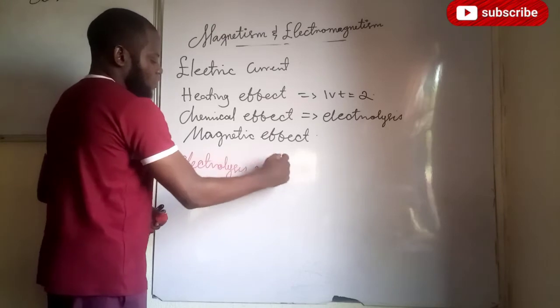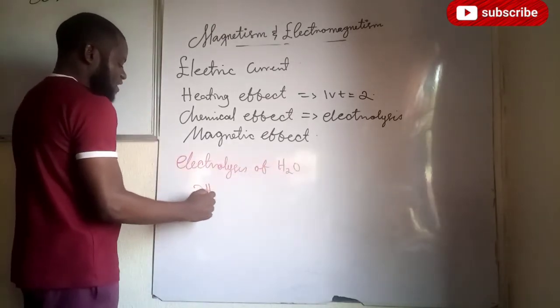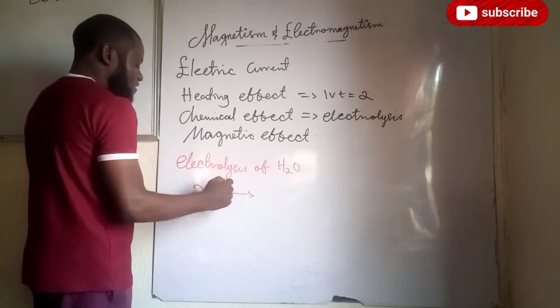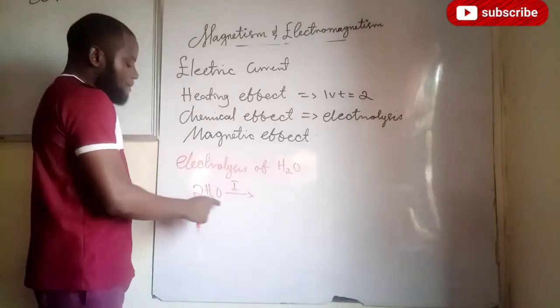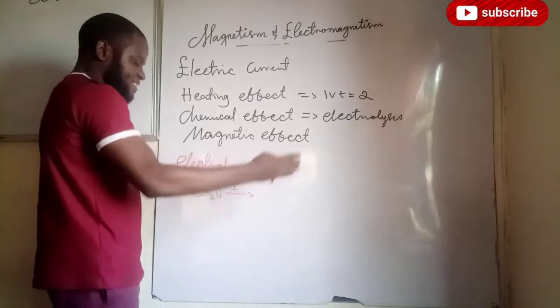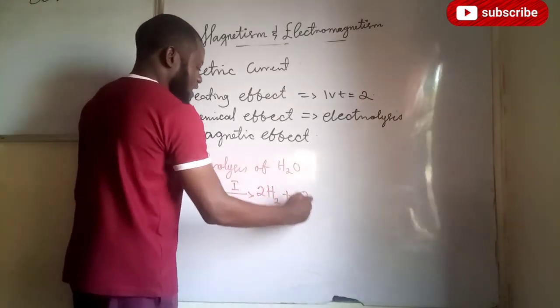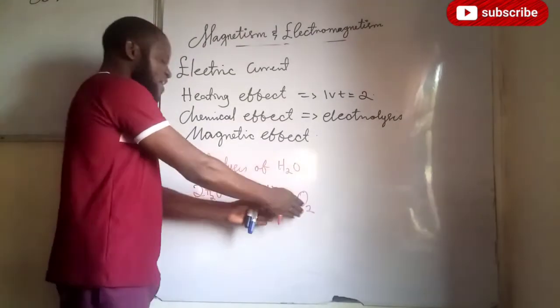Now, if I have water, H2O, and electric current, I, let me use I to represent my electric current, passing through this water, it is going to break it into its simplest form, which is 2H2 plus O2. You can see that this has been broken into this.